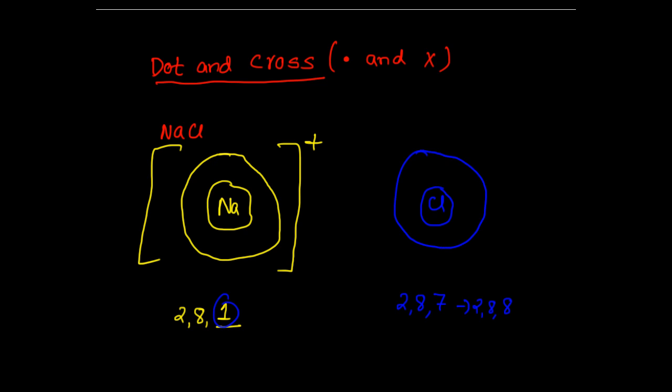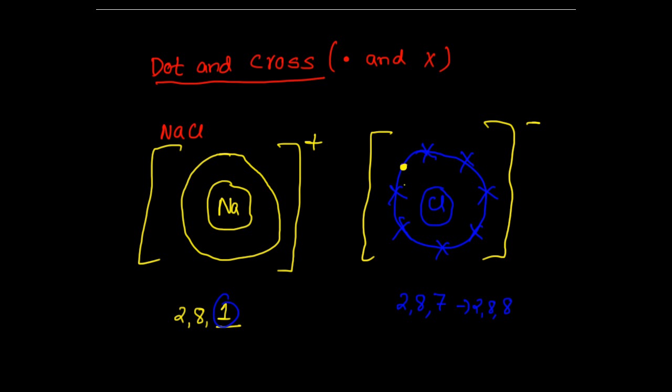And since chlorine has 7 of its original electrons, we will label 7 electrons using cross. 1, 2, 3, 4, 5, 6, 7, and the chlorine has gained 1 electron from sodium, so the 8th electron will be a yellow electron from sodium, and its charge is -1.